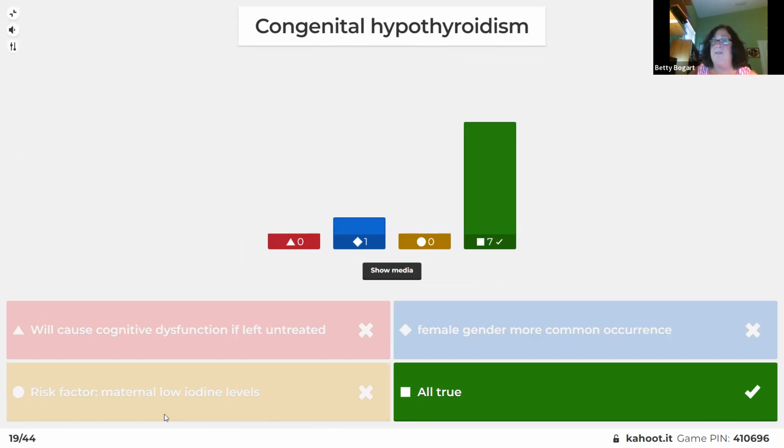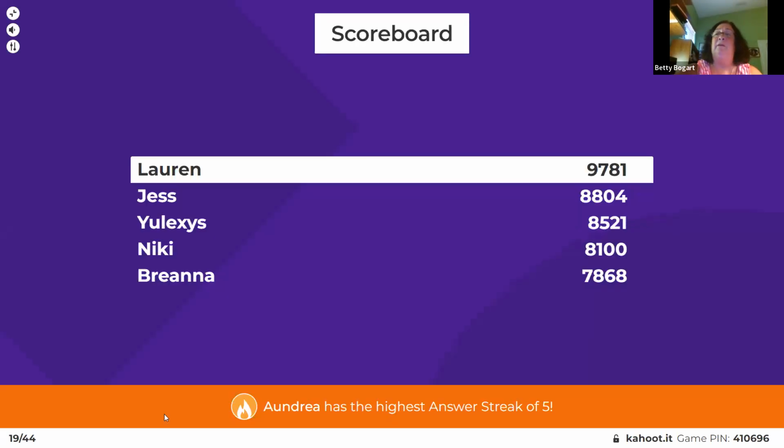So it does cause a lot of problems with cognition if we don't find it and replace that hormone. Females are more affected, and it could also be due to mom. So congenital hypothyroidism is usually found at birth because of no stools, or because mommy has a thyroid problem.